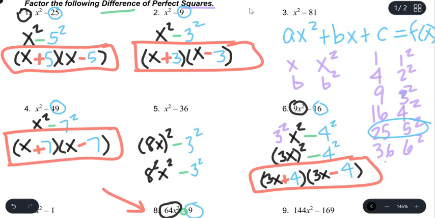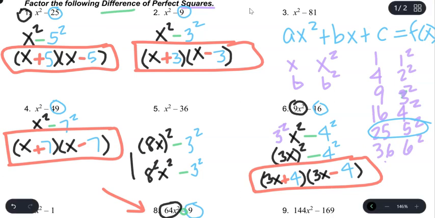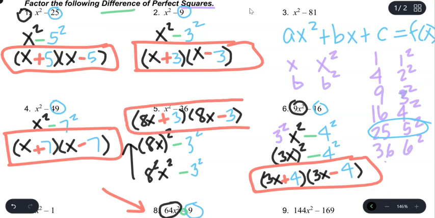Now I can do my factors, and I apologize for writing it a little bit out of order here. I'm kind of working up instead of working down, just for space purposes. So I'm going to split my 8x and my 8x. I'm going to split my 3 and my 3, and then I have my positive and my negative, and it's complete.